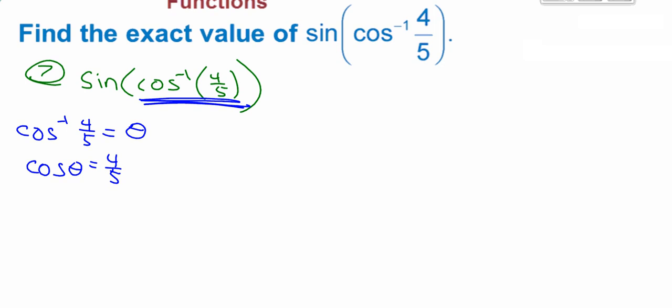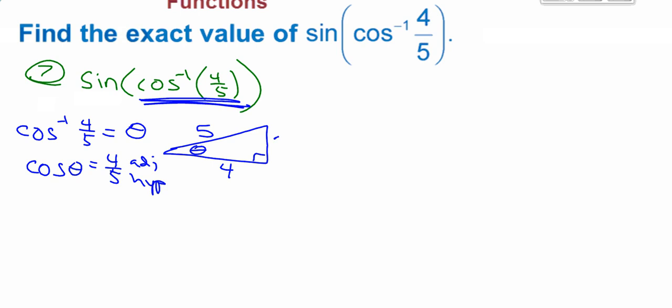But if it wasn't, we can deal with that. So if I have an angle theta here, what side could I assign 4 and what side could I assign 5? The what and the what? Yep, adjacent and hypotenuse. And so the adjacent is 4, hypotenuse is 5.